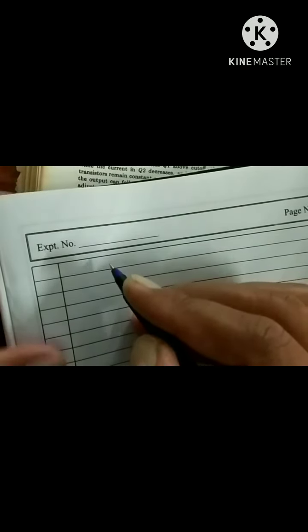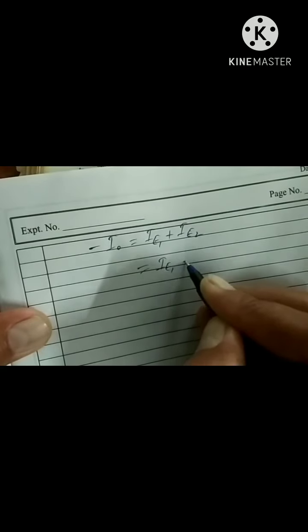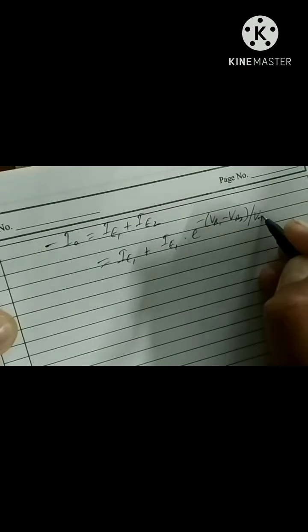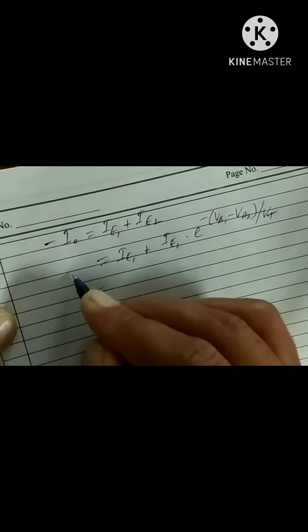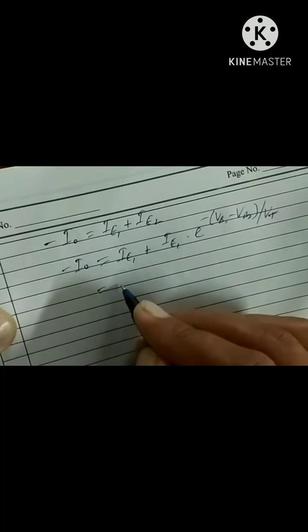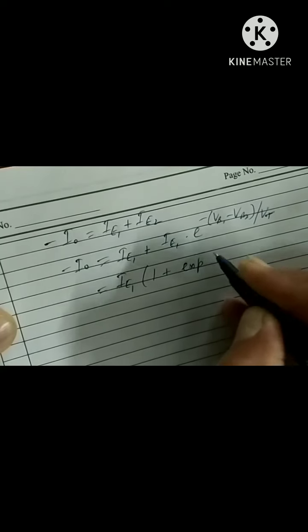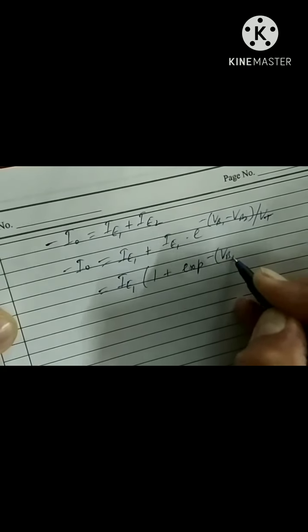So we will put this value into this equation which we have already written. We will put the value of IE2, now take IE1 common, IE1 into 1 plus exponential minus VB1 minus VB2 divided by VT.